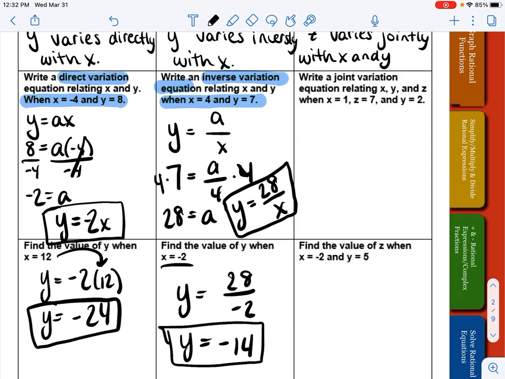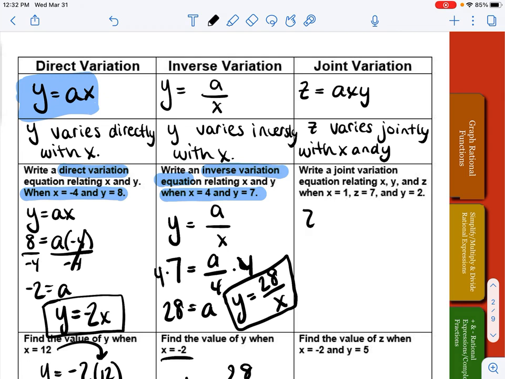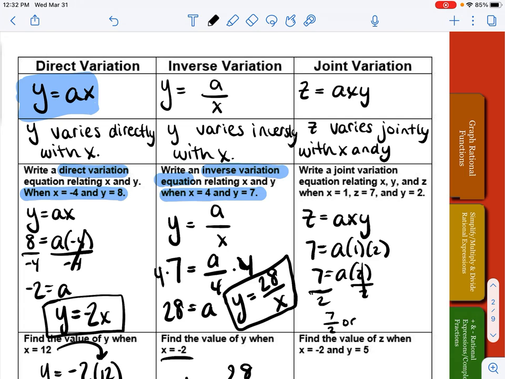Okay? And then to write a joint variation equation, we are actually given x, y, and z. You just plug that in to solve for a, to our joint variation equation. So a equals 7 over 2, or you can write that as 3.5. So our joint variation equation is z equals 7 over 2 times x times y.